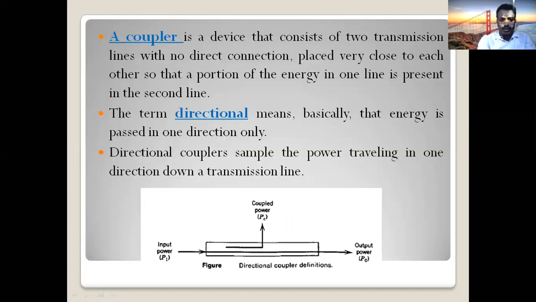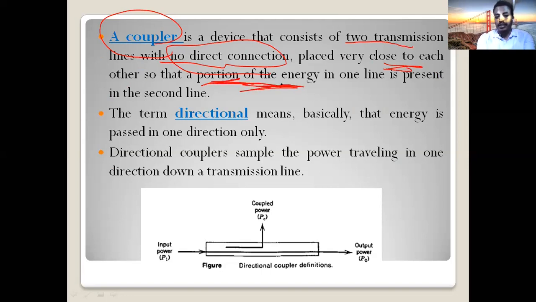So as you can see on the slide, why do we call it a coupler? Because this device consists of 2 transmission lines, which have no direct connection but are very close to each other. They are not connected, but they are very close, so a small portion of the energy of the signal in one line is transferred to the second line.